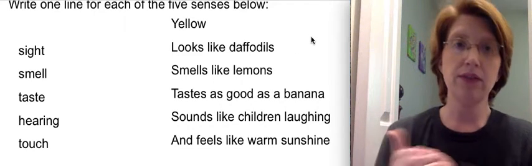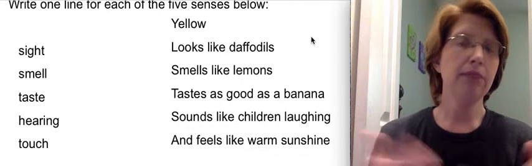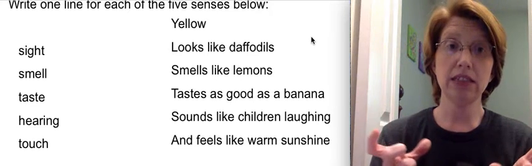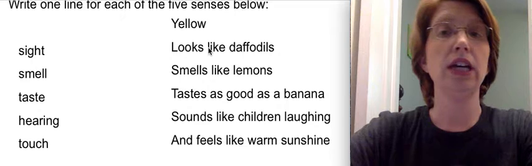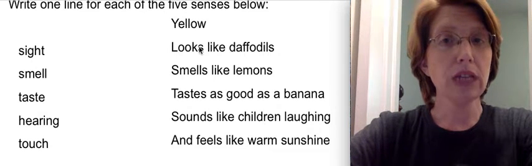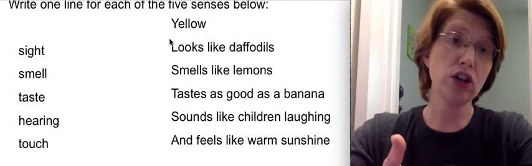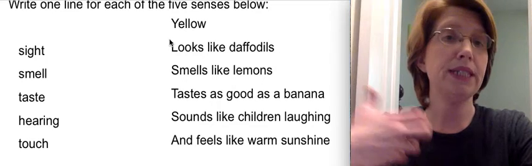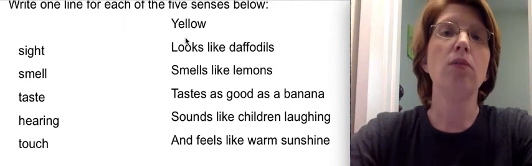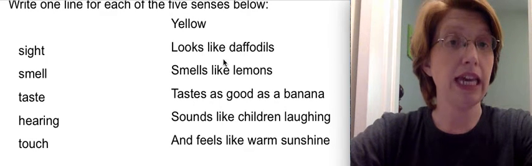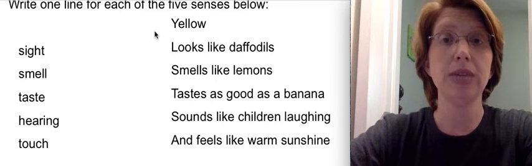Don't say looks daffodils, or don't say, use this phrase, looks like daffodils. You can find good synonyms for looks, appears, presents itself as, however you want to say it in a poetic way. But you need the like here because that's what's making it a simile.